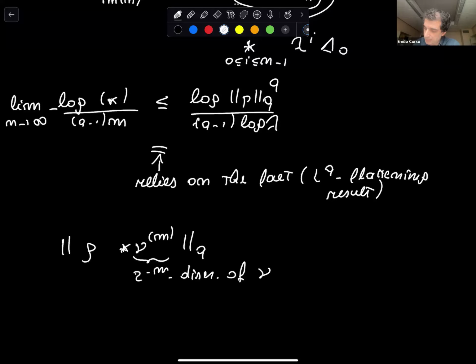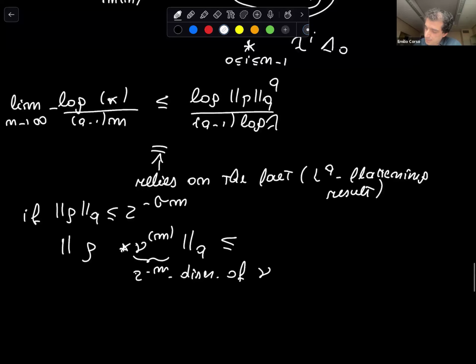now Young's inequality will tell you, if you look at the L^q norm, that this is at most the L^q norm of nu, the 2 to the minus m discretization of nu. But actually what we prove is that if there is some randomness for rho, which we express by saying that the L^q moment of rho is some 2 to the minus sigma m, then you actually get an improvement upon Young.